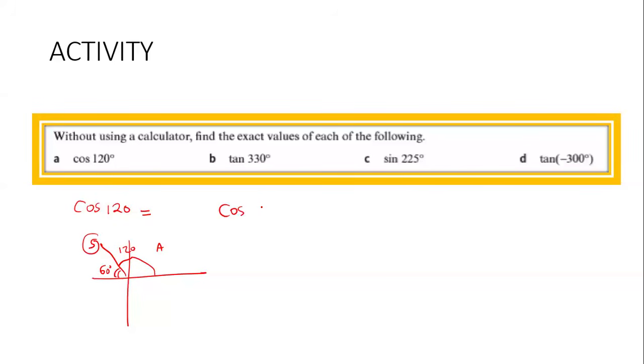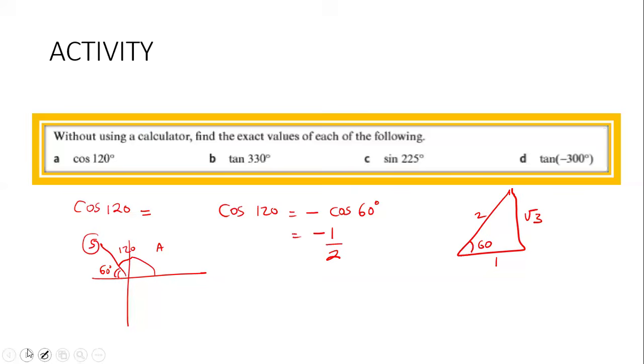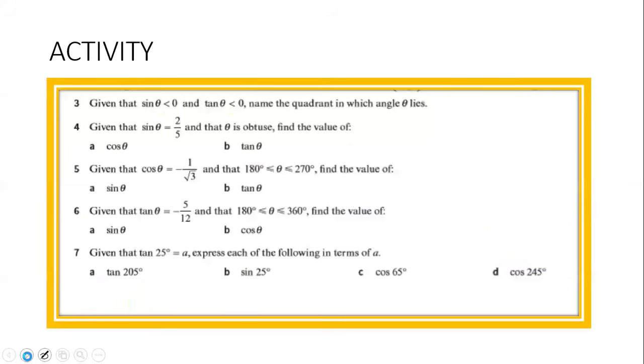So that means that cos of 120 is equal to negative cos of 60 degrees. Then you go back to the special triangles we had, where we had 60, 1 or 2 root of 3. Then you ask yourself, what is cos of 60? Cos is given by adjacent out of hypotenuse. So it becomes negative 1 out of 2. Okay. So that's what you are going to do on this part.